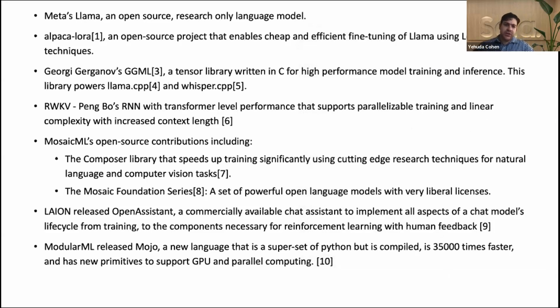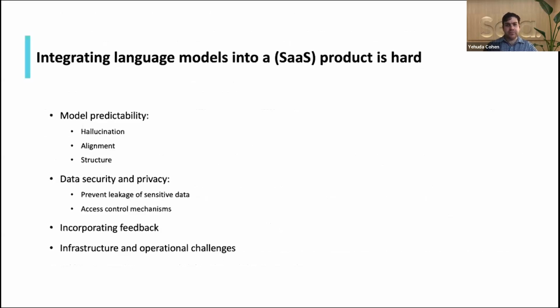So the question is, if we've seen this much innovation in the data science space, and we've seen this much innovation in the data engineering space around ML operationalization or language model operationalization more specifically, why is it that we don't see so many generative AI-powered SaaS applications?